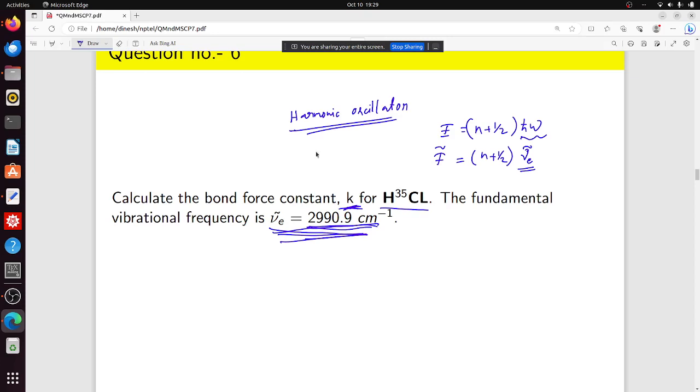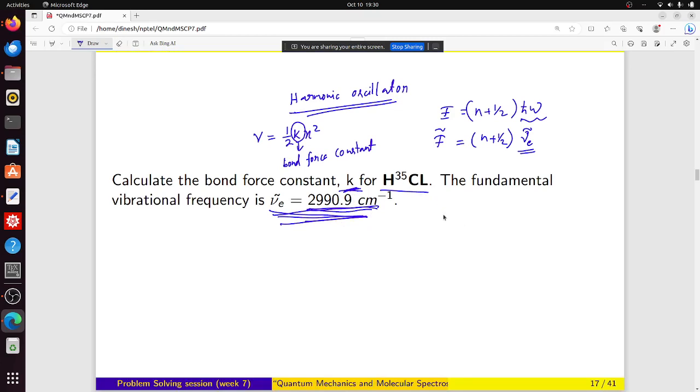In that case the potential energy will be half times some constant K times the displacement square, where this K is the bond force constant. So we need to calculate this K value from this question.